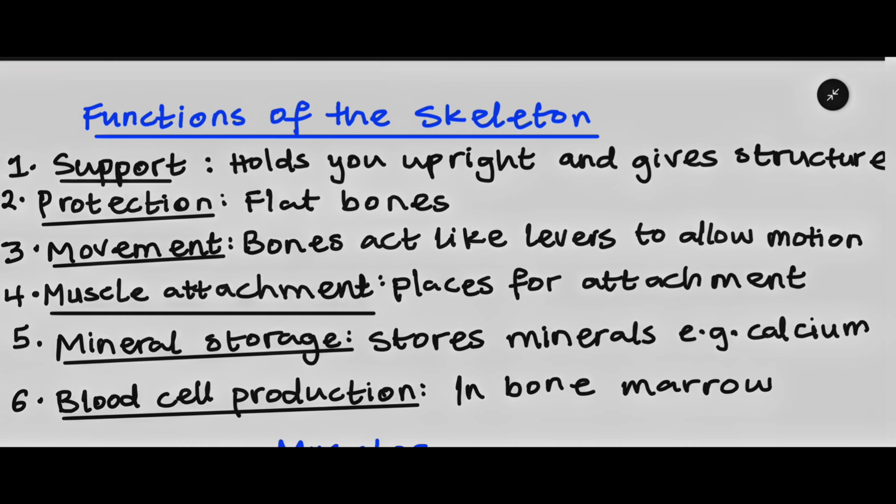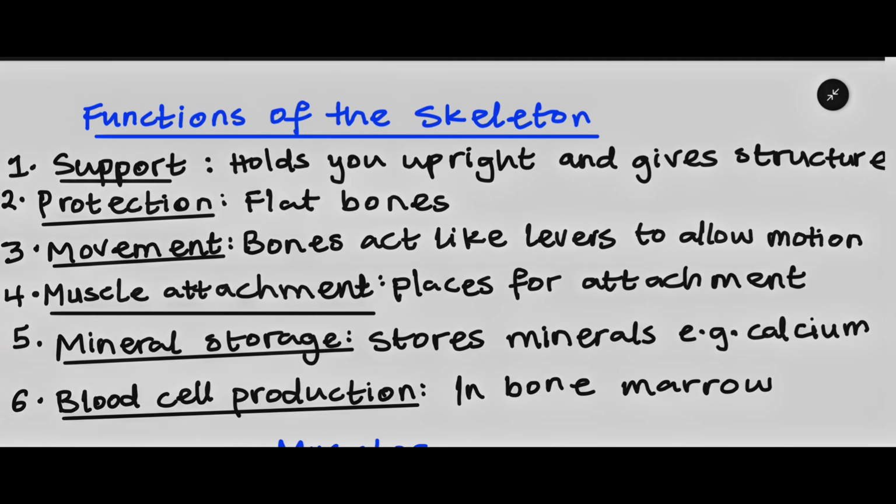Next, we have movement. Bones allow movement because they act like levers, and they connect to muscles to allow motion. We're going to look at what connects bone to muscle shortly in this video. For any movement, whether it's kicking, running, throwing, or jumping, bones are very important.